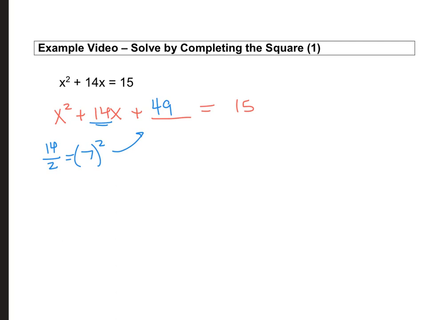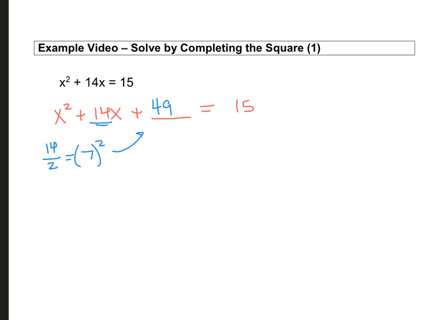Now that we're dealing with an equation, which has two sides that are equal to each other, we just added in 49. We totally threw off our entire equation by adding a 49 on the left side of our equation. So how do we balance that out?